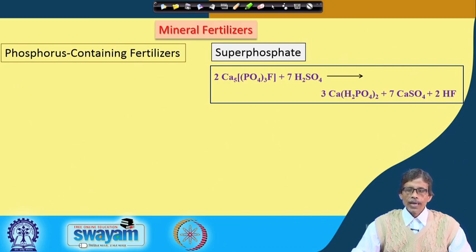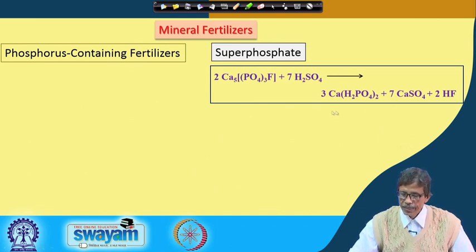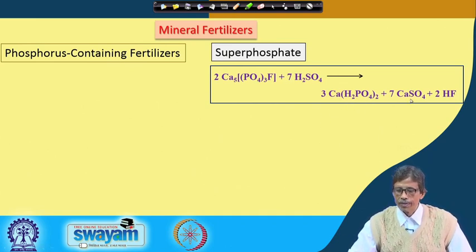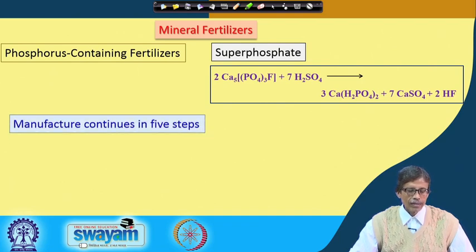So, that fluorapatite, when it is treated with sulfuric acid, gives you calcium phosphate, that is, Ca(H2PO4)2, calcium sulphate and HF. So, this is basically a mixture of calcium phosphate and calcium sulphate, and this particular one typically gives you the superphosphate preparation, and that superphosphate makes the phosphate based fertilizer.